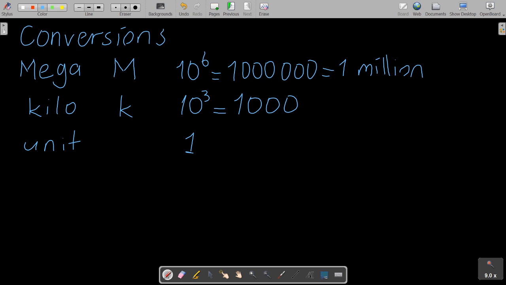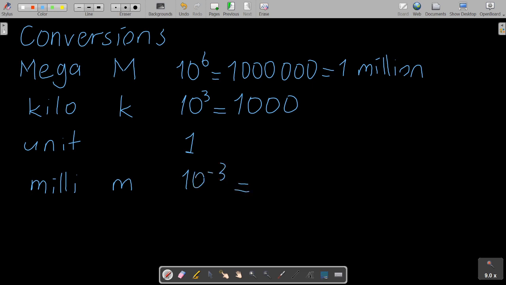Okay, and then comes milli, like in milligram. So it is small m. Don't confuse this capital M and small m. When you write them, I need to be able to understand which one you are writing, or any person. So write them understandably. So milli is 10 to the power minus 3.